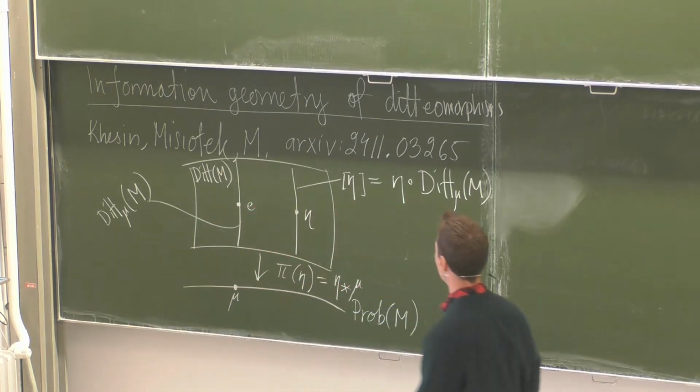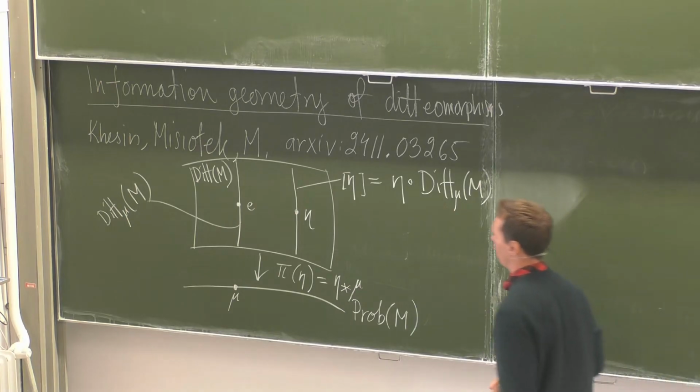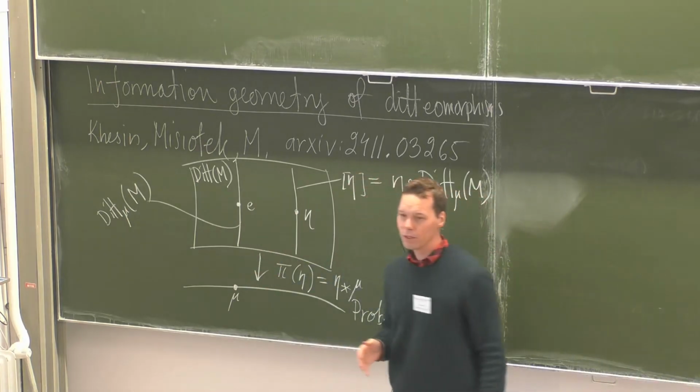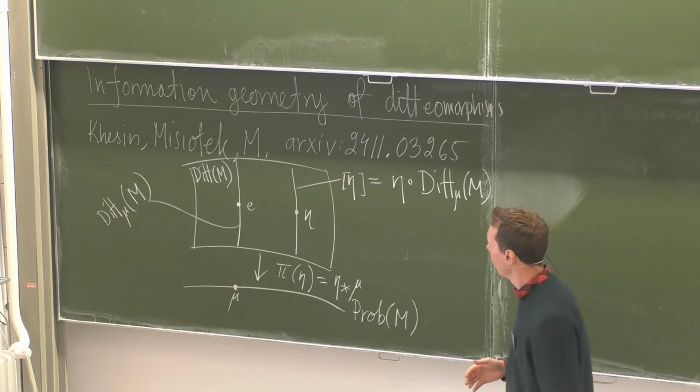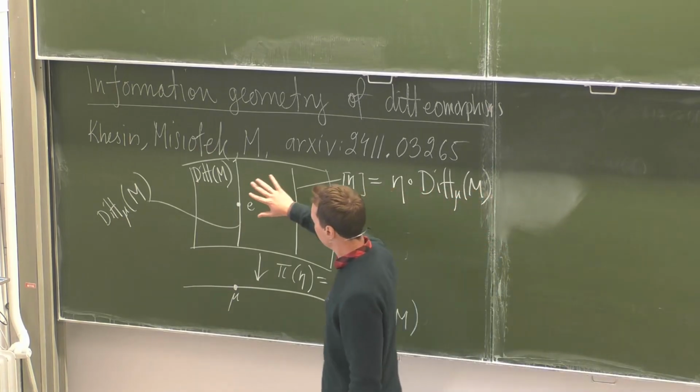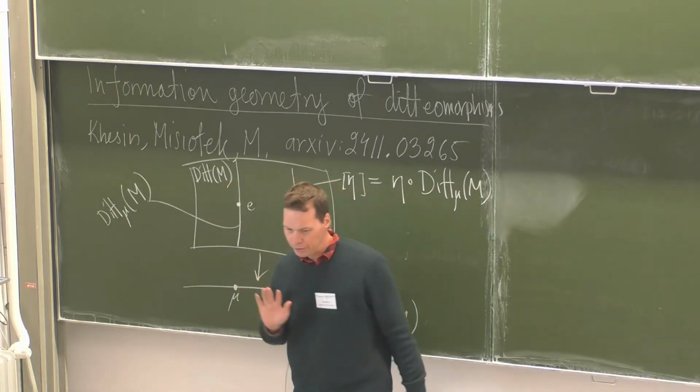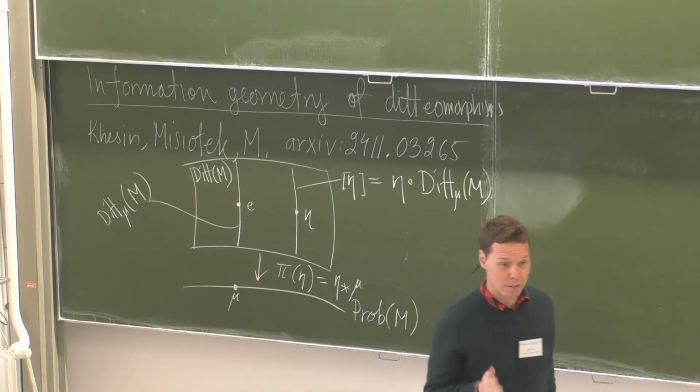Now I want to give a Riemannian structure to this whole thing. And I do it in the following way. So I define some Riemannian tensor on this group of diffeomorphisms. Last time I did that as well.